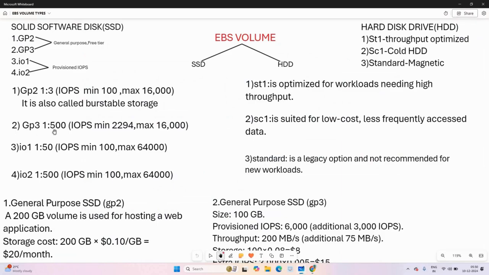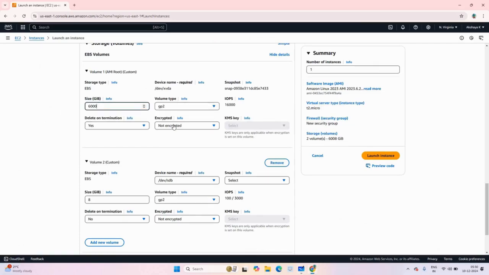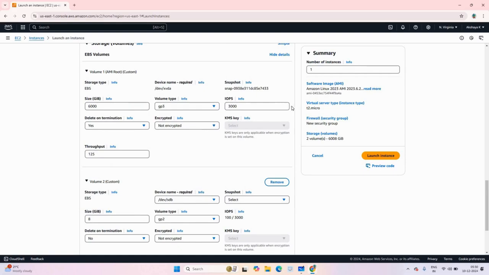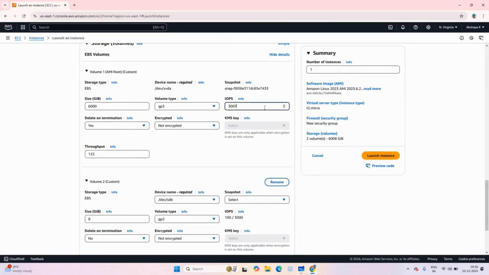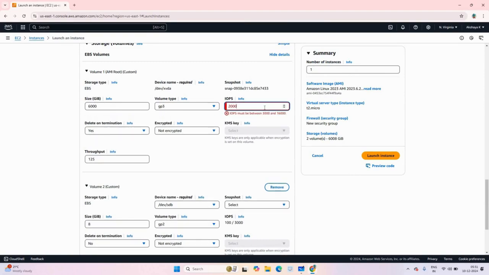GP3 is calculated at 1:500. Here the minimum IOPS is 3,000 and the maximum is 16,000. If I give a value outside that, it shows an error, so we can't increase the IOPS above 16,000.